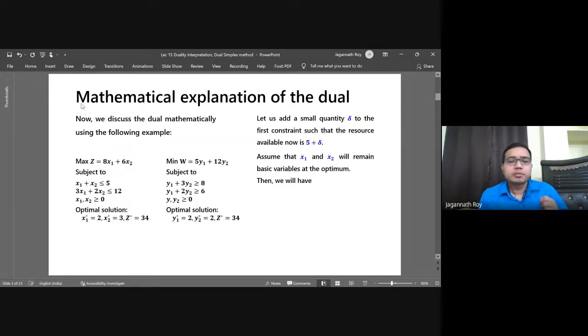In order to give the mathematical explanation of the dual prices, let us try to add some amount to resource 1 and resource 2.